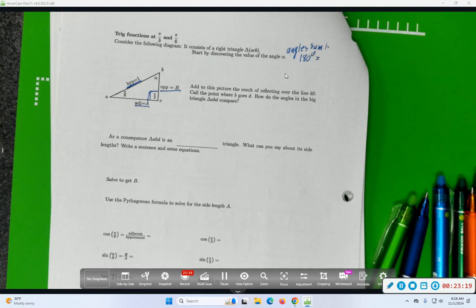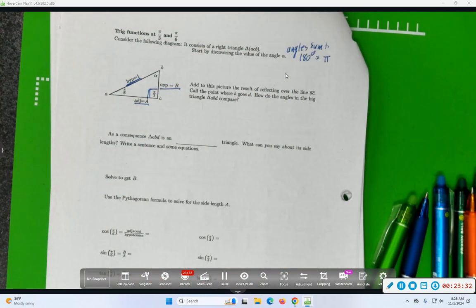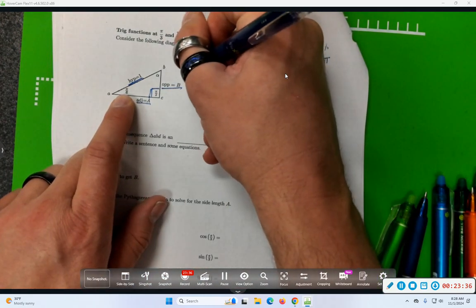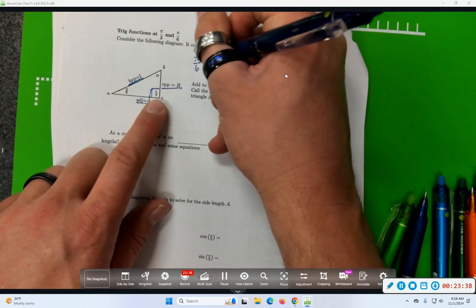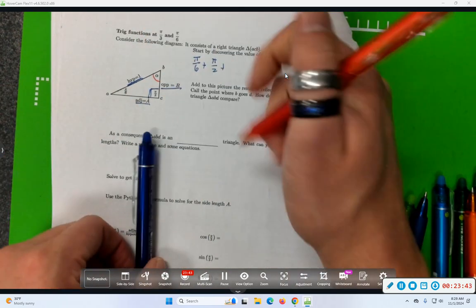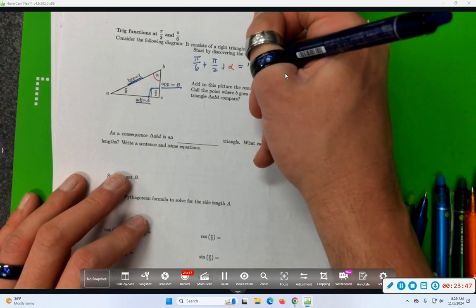If you wanted to work in gradians, this other weird measure that I mentioned only briefly, I guess angles add up to 200 gradians. But we don't care about that. 180 degrees equals pi radians. So that means that this angle, pi over 6, plus that angle, pi over 2, plus this unknown angle alpha has to add up to pi.